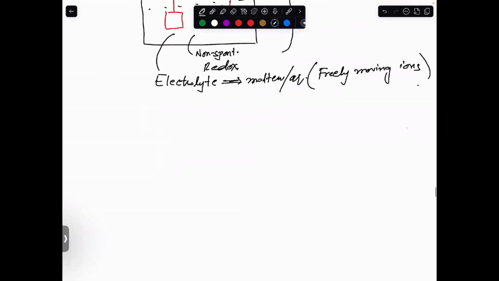For example, I have this NaCl molten. I'm using molten NaCl liquid. And how much potential difference will I apply to make this reaction occur?